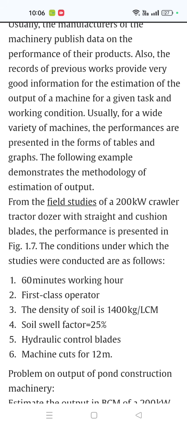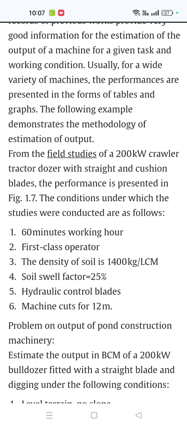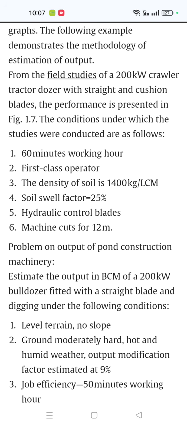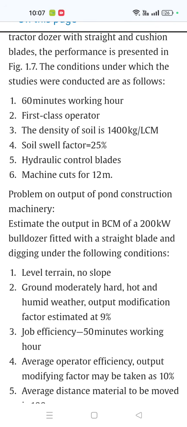methodology of estimation of output from the field study of a 200 kilowatt crawler tractor dozer with straight and angle blade. The performance is presented in Fig 1.7. The conditions under which the study was conducted were as follows. 1. 60-minute working hour. 2.